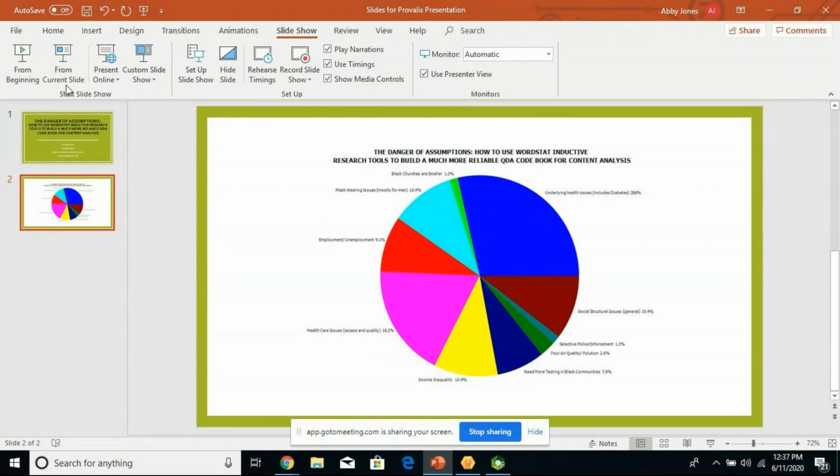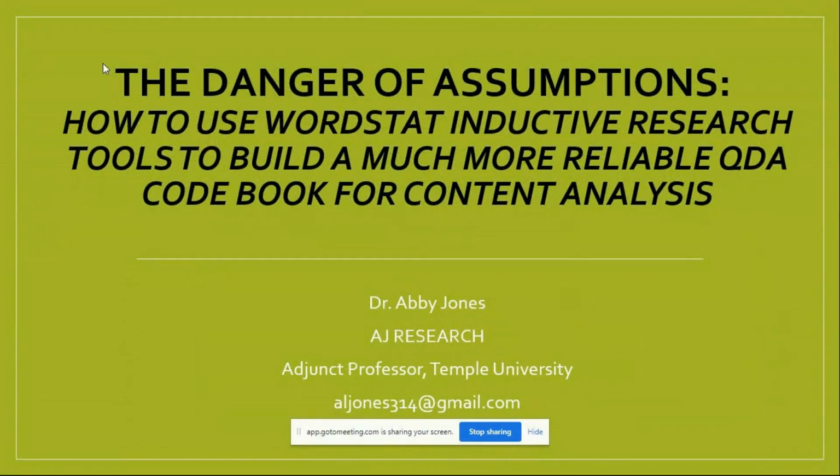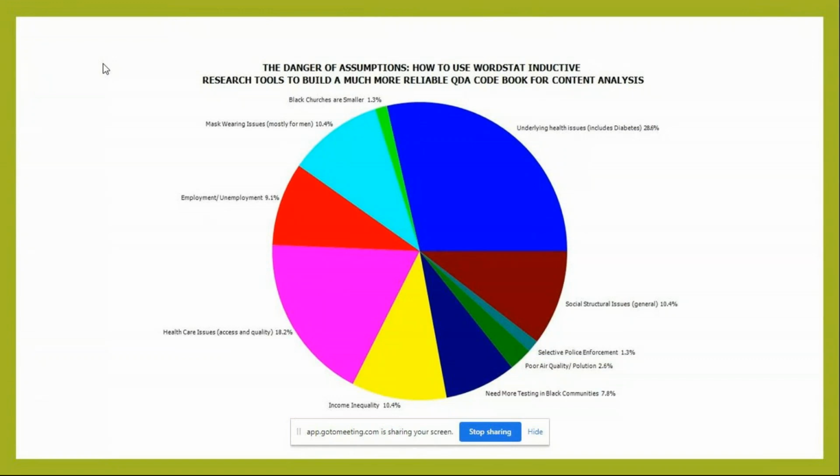If you look at this data, it's very interesting because, when you talk about what is in relation to COVID and the Black community, Dr. Strings was correct that the underlying health issues, including diabetes, dramatically, is the narrative that the media has most latched on to, attached itself to.